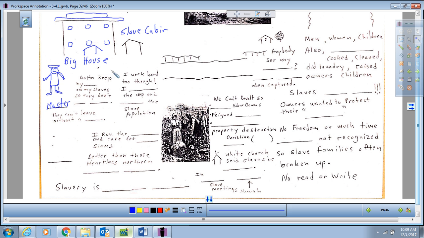Because they wanted to keep their eye on their slaves because they were such valuable property. Keep an eye on my slaves so they don't escape or run away. Now, the main job of the master was to manage the slave population.